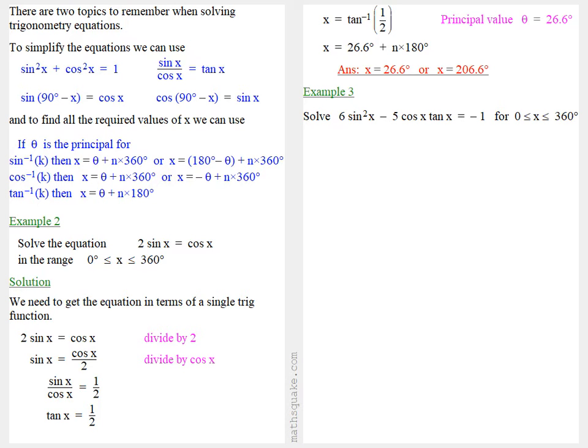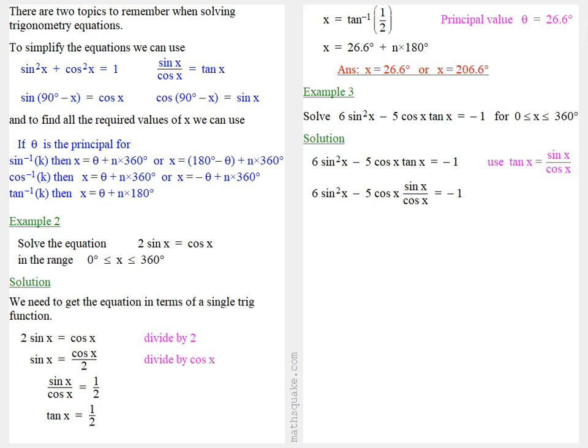In example 3, we're asked to solve the equation 6 sin squared x minus 5 cos x tan x equals minus 1 in the range x lies between 0 and 360 degrees. Well, to solve this, we can use the fact that tangent of x is sin x over cosine x.